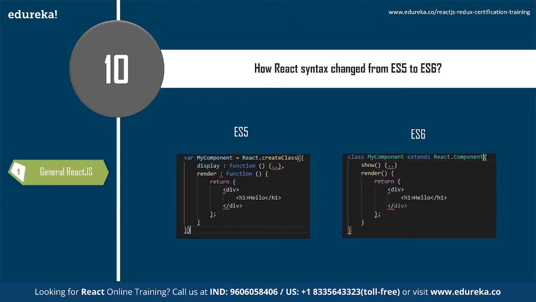But in ES6, we just make use of classes and the extends keyword, and the syntax is class MyComponent extends React.Component. So the major difference between ES6 and ES5 is that in ES5 we make use of createClass, while in ES6 we make use of React.Component.